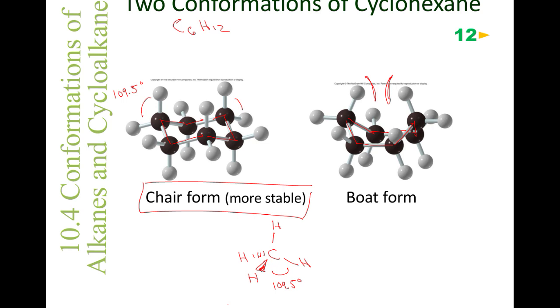I'm not going to go through every bond angle in the boat form, but I'll just leave it like this and say that there are some bond angles in the boat form that are not 109.5 degrees, and thus, again, that just gives you more evidence as to why the boat form is less stable than the chair form.